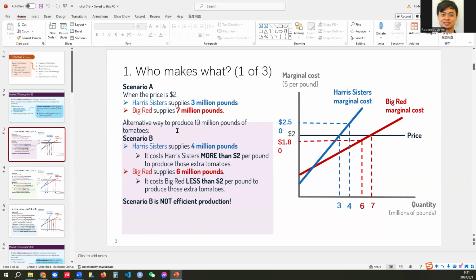So as you see, this is actually a fabulous example to show you that for suppliers, their best decision is to make enough product so that their marginal cost is just the market price. Any deviation from that, it's either they are producing too much so that the cost exceeds the revenue and they're losing money, or they produce too little so that they left some profit unobtained. So that's the issue.